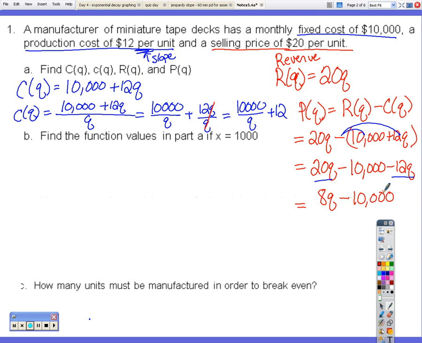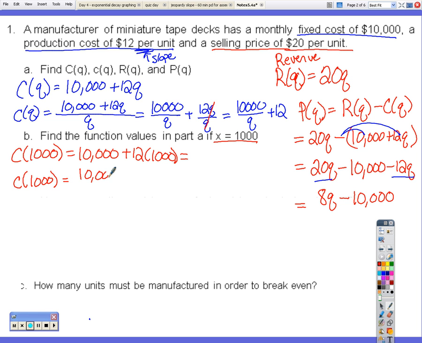Now to find the values for 1,000 units, we're going to plug 1,000 into each formula. So for the average cost, I'm going to plug that into my simplified version.